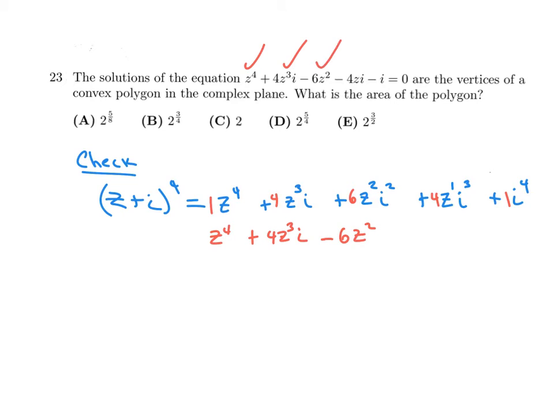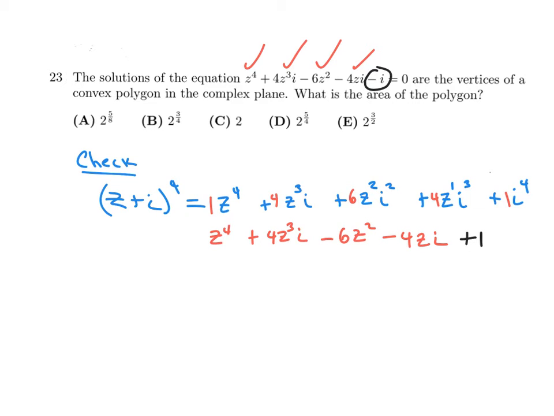So far, so good. And i cubed ends up being -i, so this is in fact -4zi. And then here's where our luck runs out. i to the fourth is 1, so we've got a +1 here, right? So that's not what we want up here.